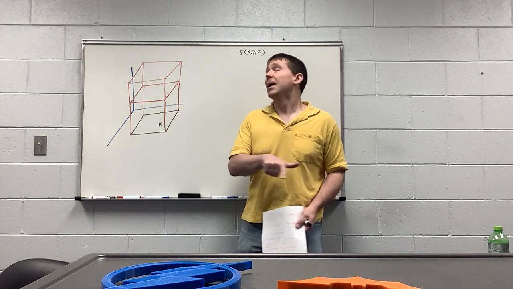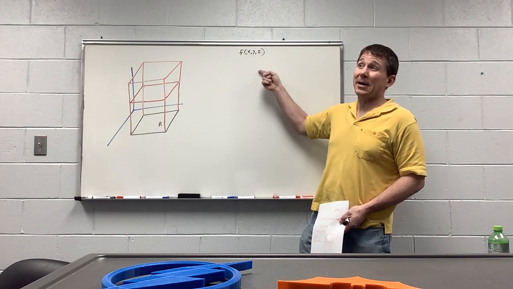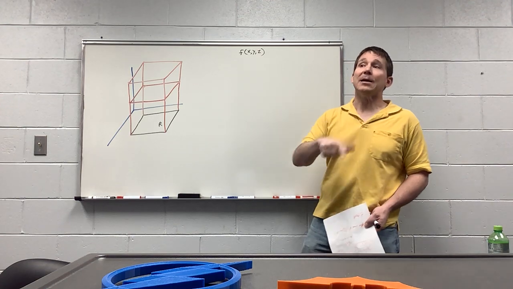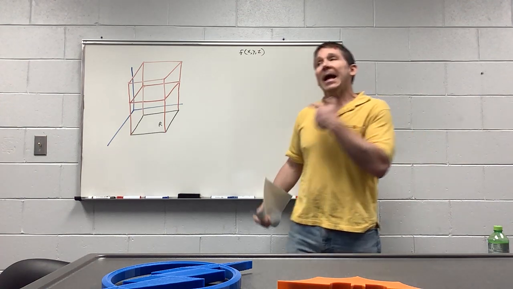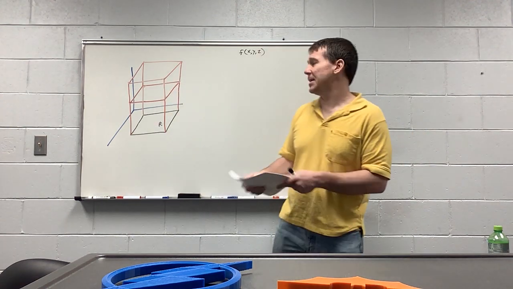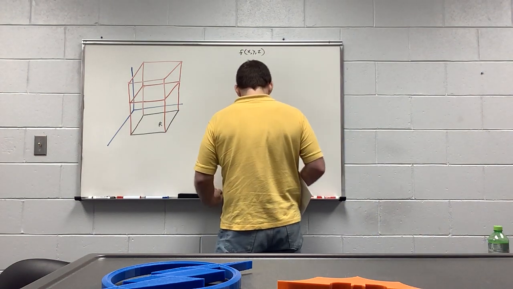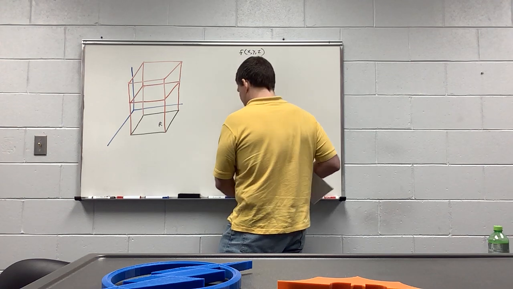Same idea here. If I'm going to integrate a three-variable function, that graph exists in R4, but the region I'm integrating over exists in R3. And that's actually what this is, where if we find the correct colors to use, I'll go with the black one.